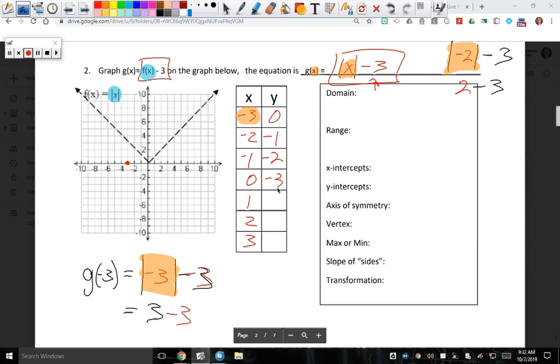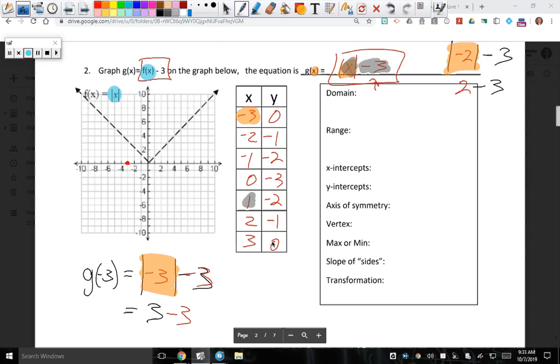Madeline, we're going to plug in this +1 now into the absolute value. Just for the absolute value piece, Madeline, what do I get? 1. Now subtract the 3, and what would you end up with? -2. And everyone, what are these last 2 numbers going to be? -1 and 0.